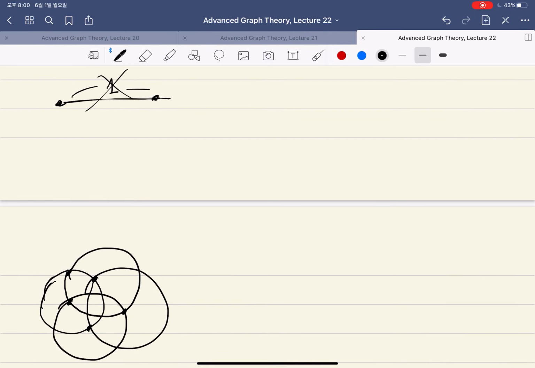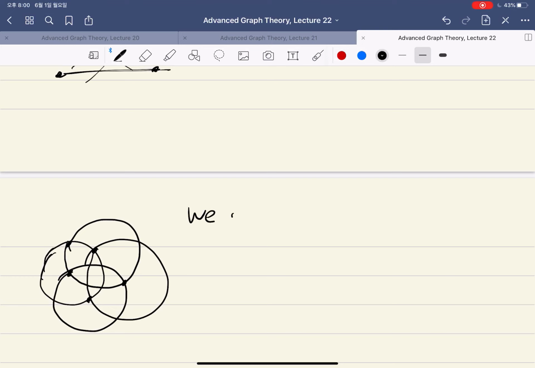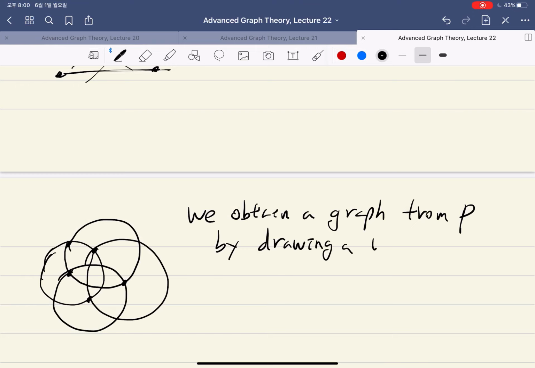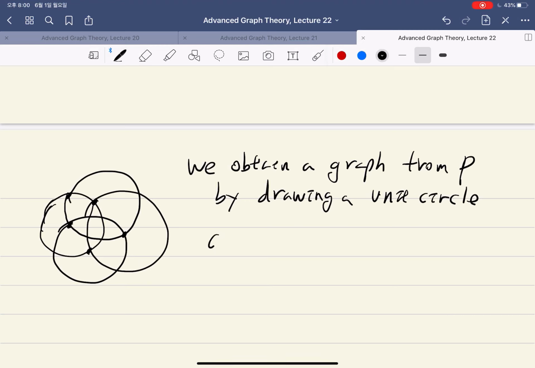So we obtain a graph from P by drawing a unit circle around each point.